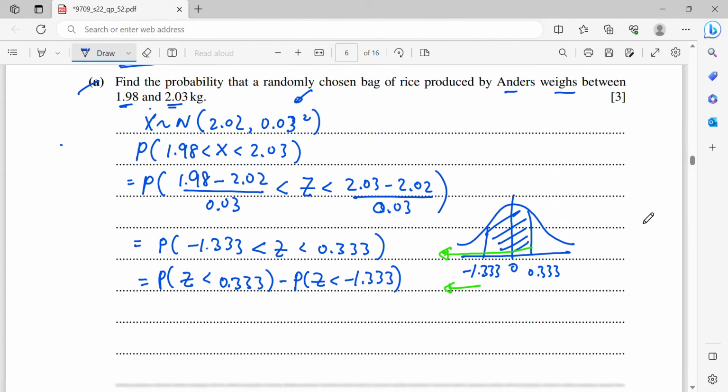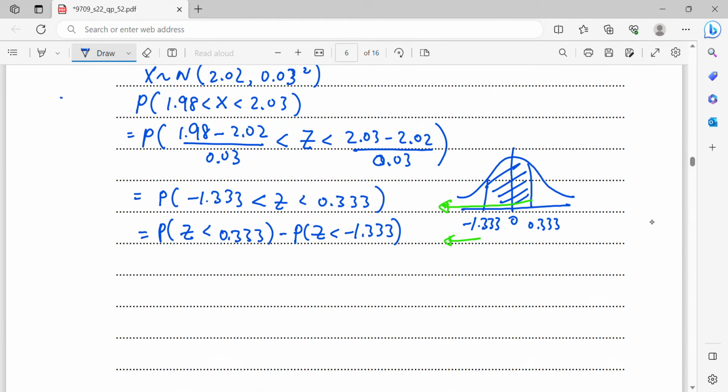But unfortunately, Z less than -1.333 is not available in the table. Therefore I need to draw another graph just for the second probability.